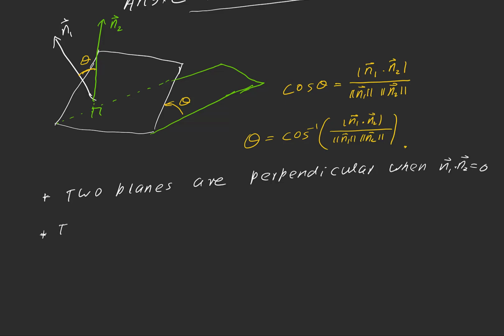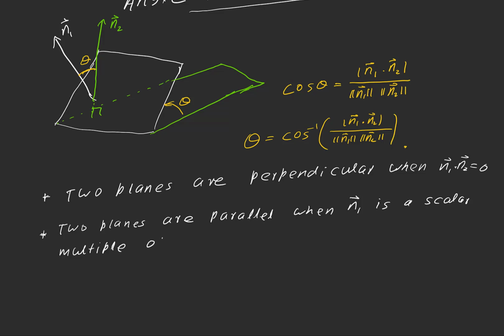Two planes are parallel when n1 is a scalar multiple of n2.